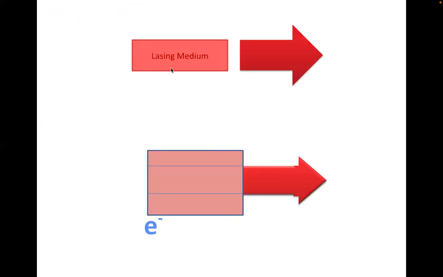So these are the components of a laser. You have the lasing medium, the reflecting mirror, and the partially reflecting mirror. And how to produce laser: you excite the gas or the lasing medium here. The electrons will be excited, and when they jump to a higher energy level, they will be agitated, with more energy. But when they go back to their ground state, they will emit the absorbed energy in the form of photons.